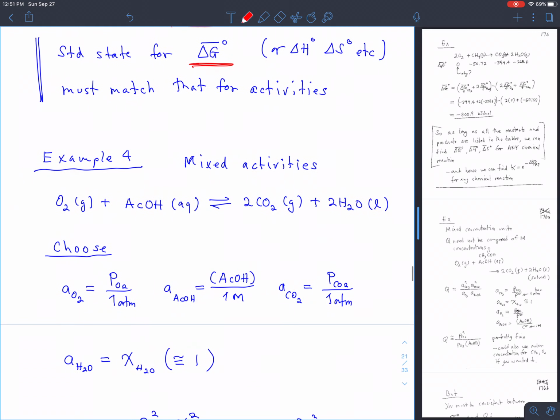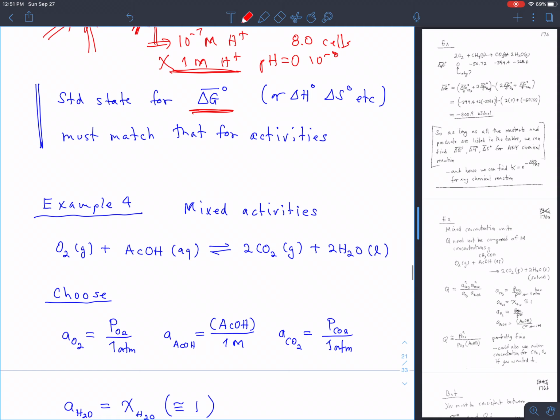I chose this example to illustrate that if you have a reaction quotient with a bunch of activities, in general something like this for the generic chemical reaction, it doesn't have to be the case that all these activities are the same kinds of things.